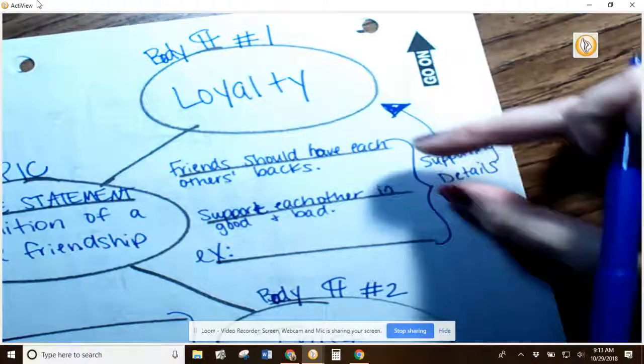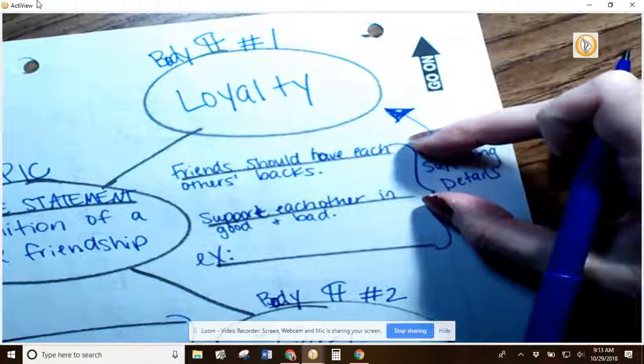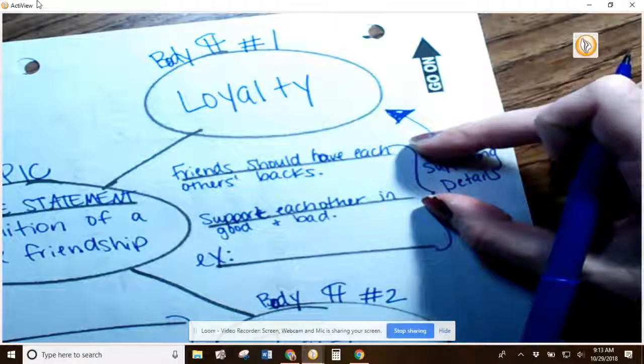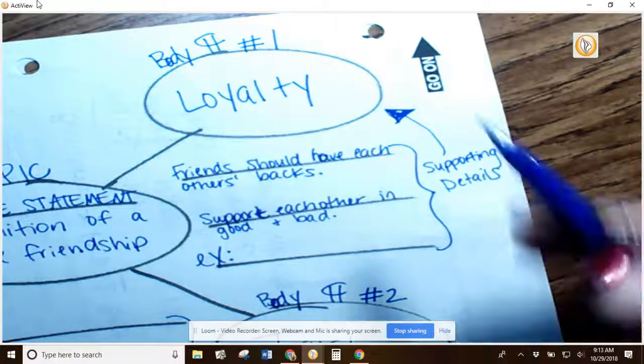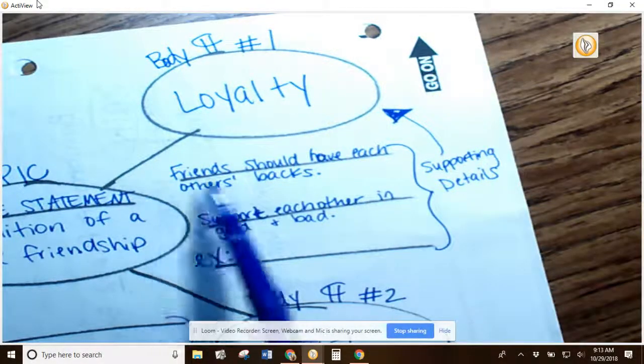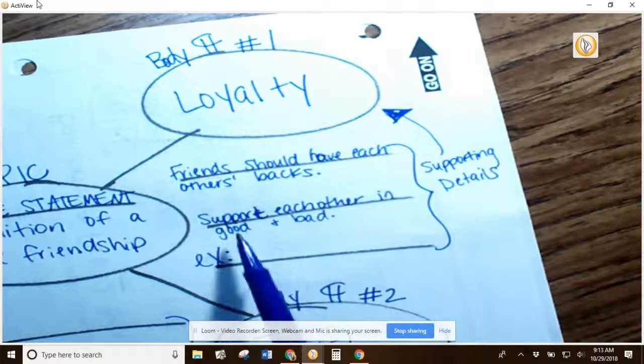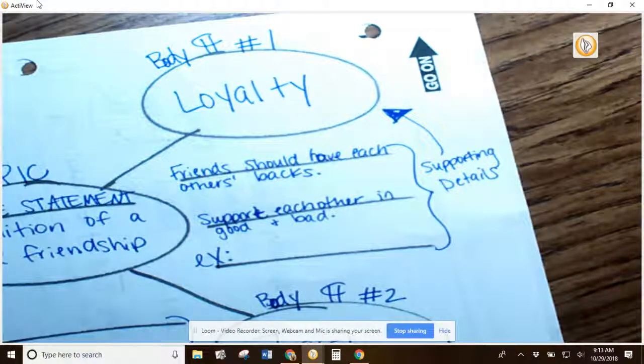Okay, these are just notes. This is not going to be exactly what we write in our essay. These are just kind of getting us thinking, getting us our ideas down. Okay, we'll write this in a more concise, effective way when we get to our actual essay. So I said loyalty is important because friends should always have each other's backs and they should support each other in good and bad.